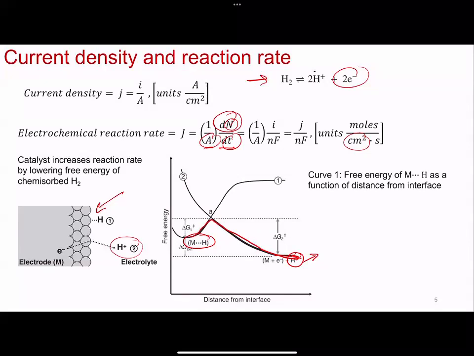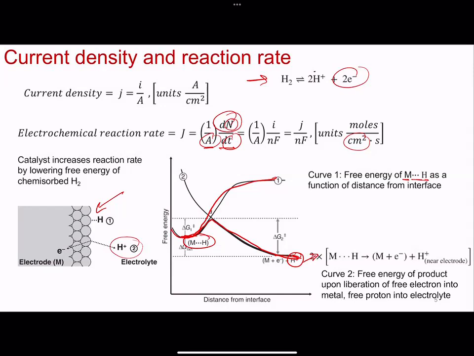So the first curve here, curve 1, where you start off with the free energy of the metal, and it sees some chemisorbed hydrogen. And then curve 2 is where now you've split it, the hydrogen oxidation reaction has happened, but the proton is still near the electrode. It hasn't migrated yet.